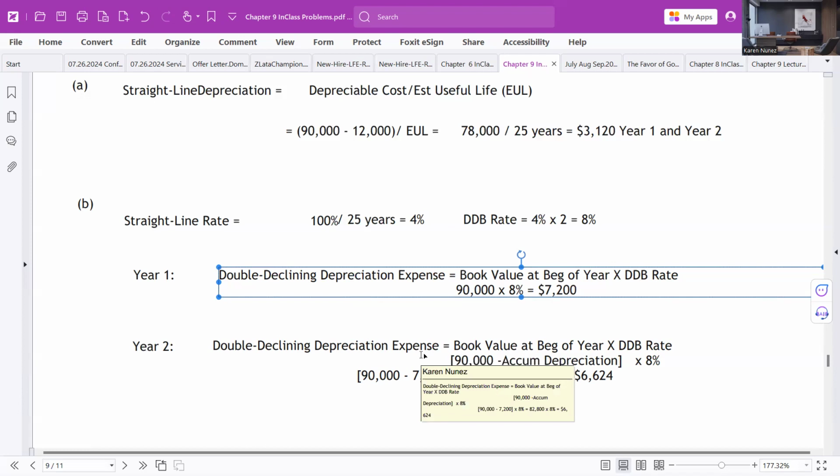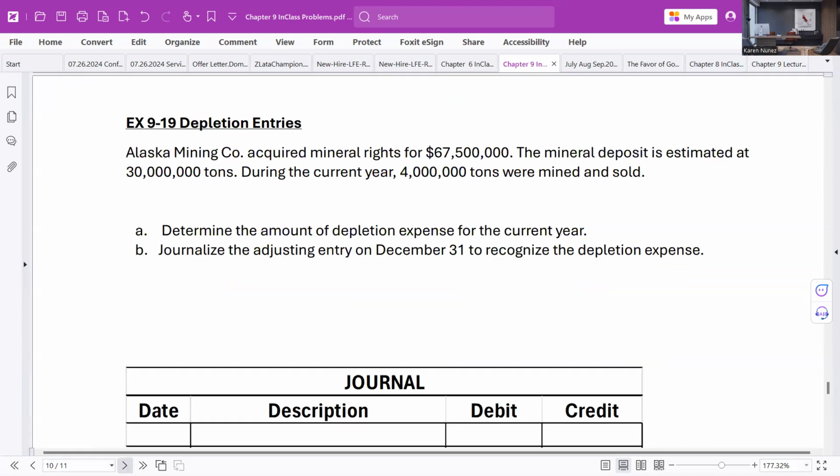And then the last one here is depletion. So we need to record the depletion adjusting entry on December 31. So the first thing we need is the depletion rate, right?